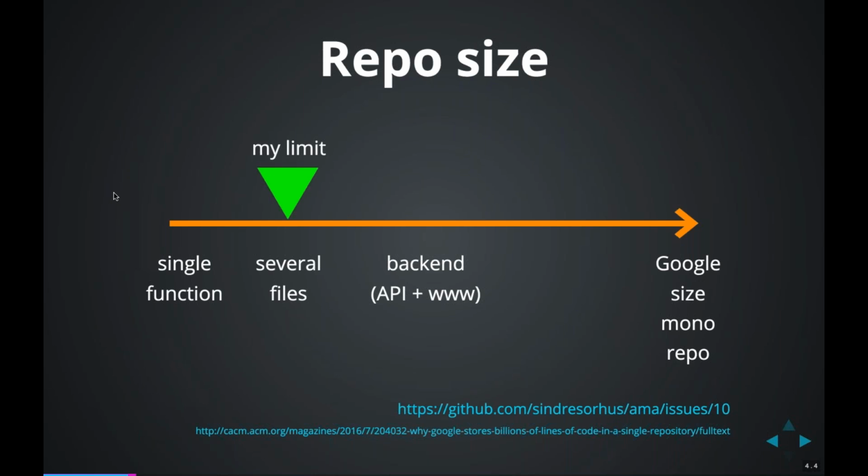I kind of land here where several files that are related to a single feature should be a separate repository, right? So I'm not as extreme to put every single function in its own repo, but I definitely want to have just a few things together, and that's it.